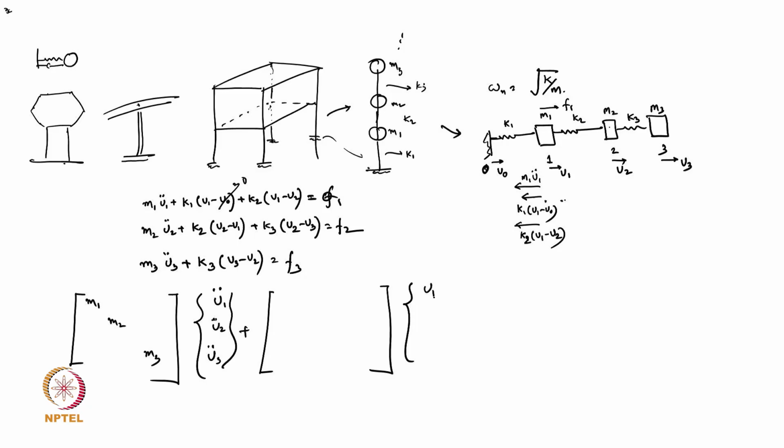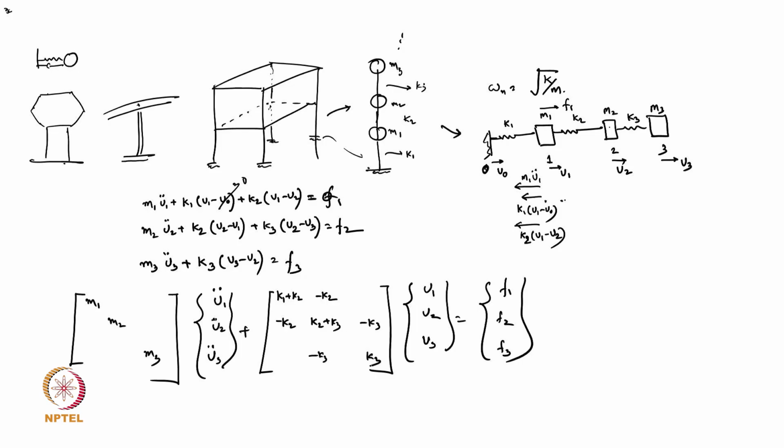Here we will have u1, u2, u3. The first term is k1 plus k2, the second term will be minus k2, minus k2, k2 plus k3, minus k3, minus k3, k3. So that will be my full equation of motion.